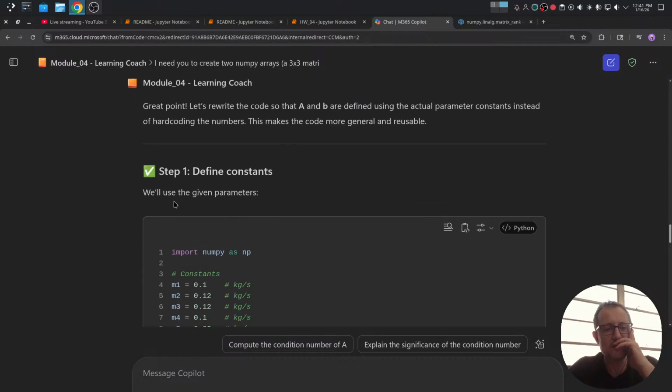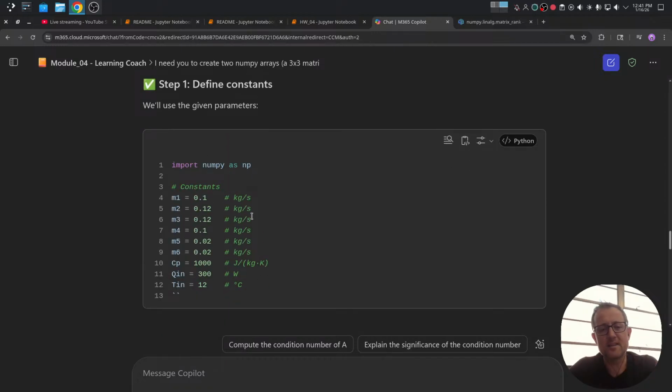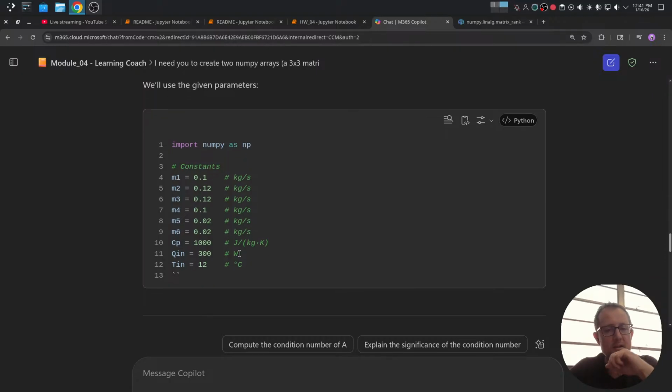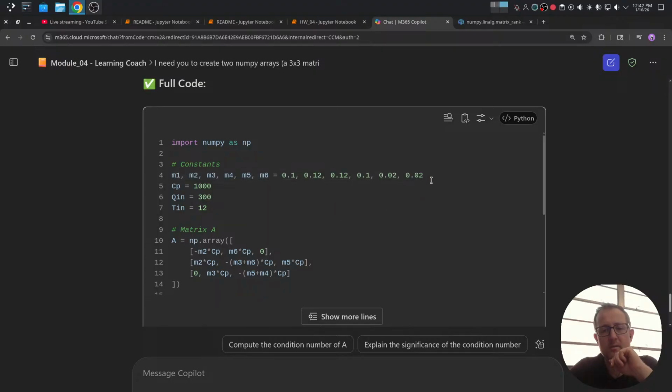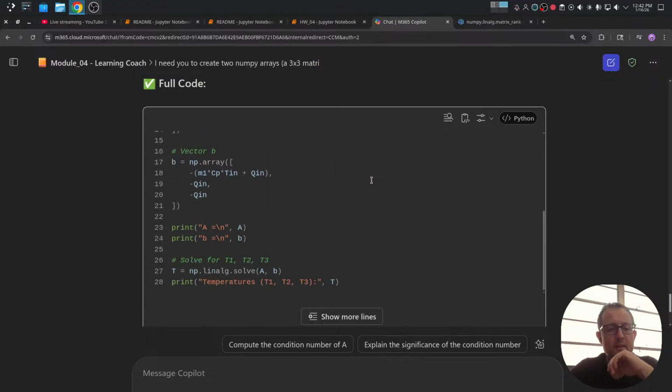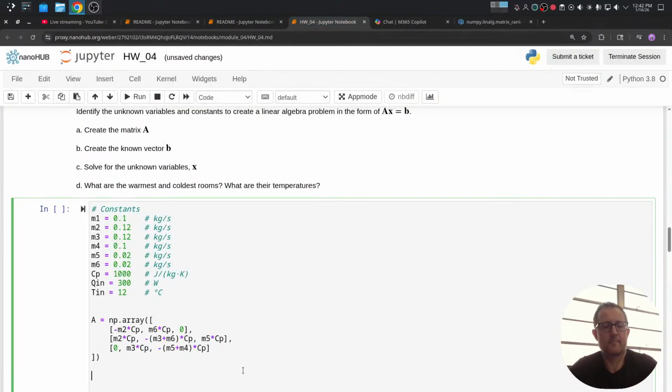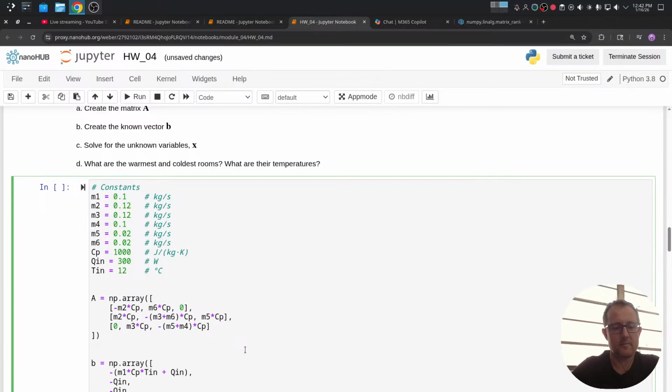Or sometimes it makes more sense. I like this version because you can have the units behind these, but I guess you could put a pound or kilogram per second over here if you wanted. Okay. And B, did I grab that one? Cool.